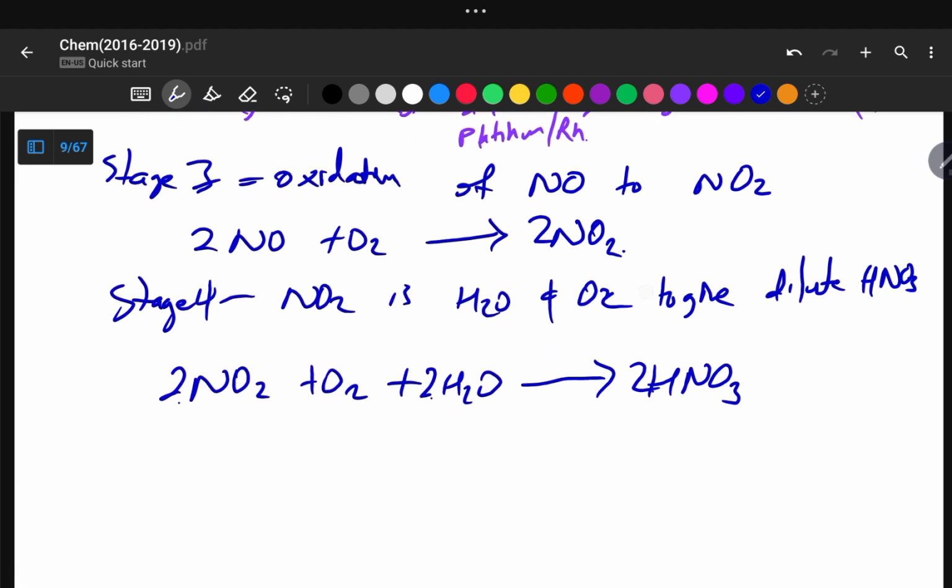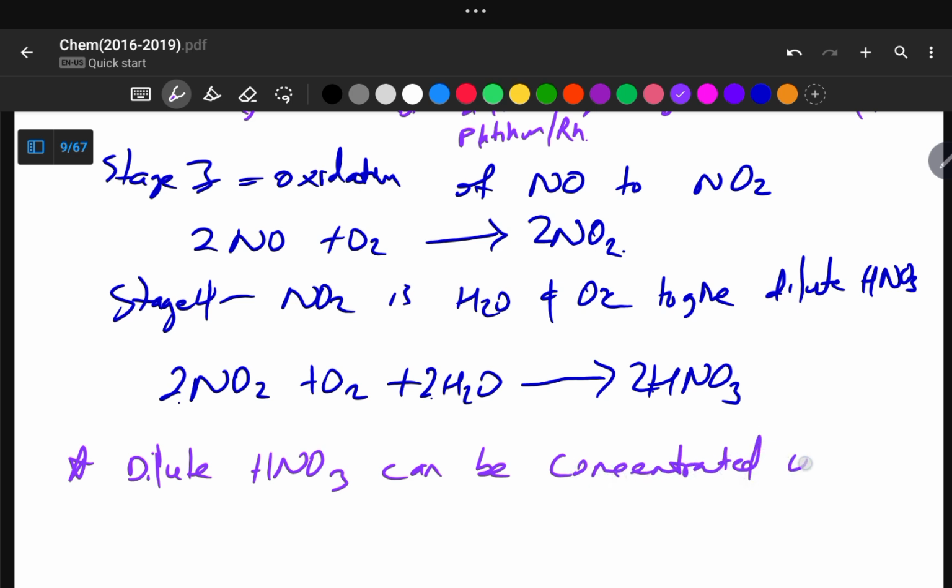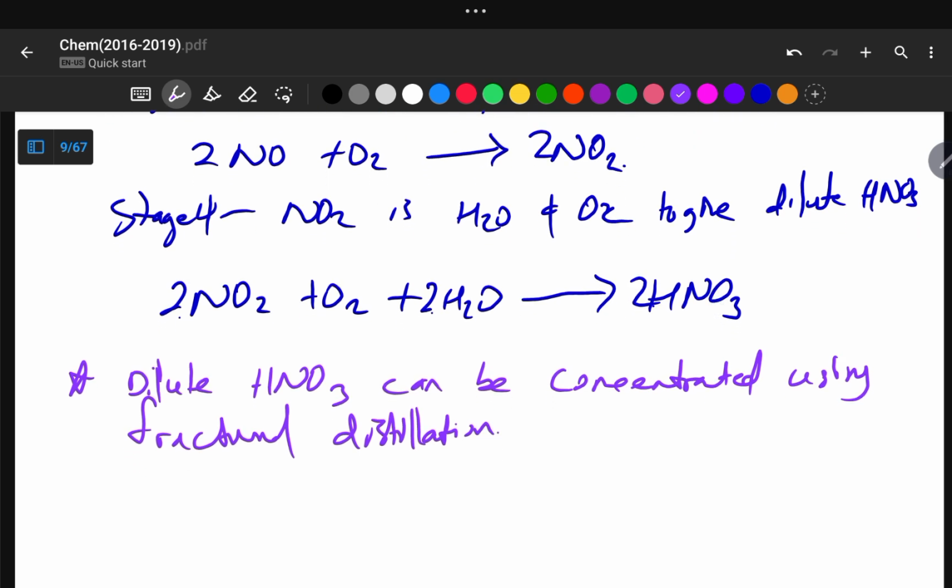So dilute nitric acid can be concentrated using fractional distillation, right? So you can also be examined on the uses of nitric acid, right?